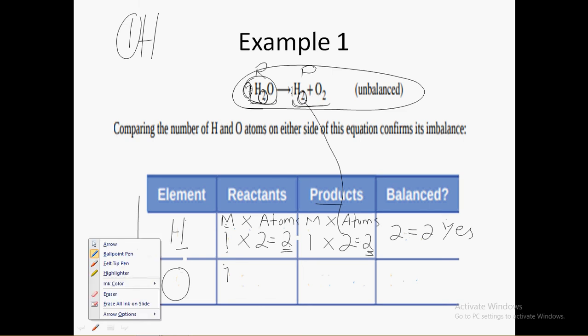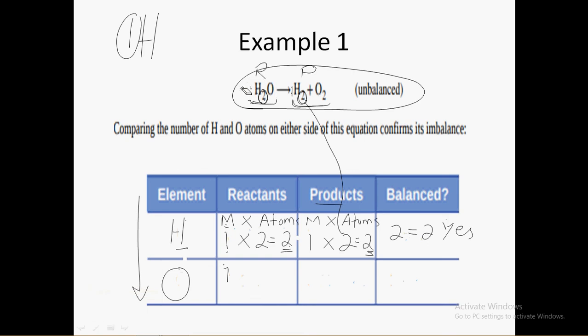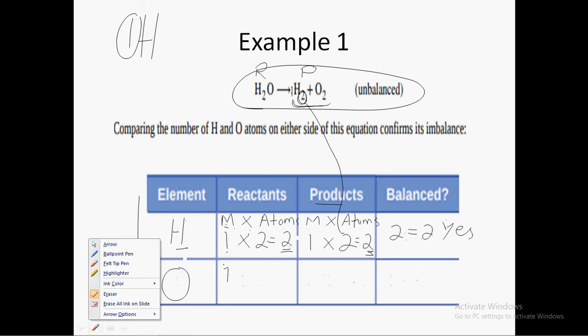Look now. How many? Look at the coefficient here. Number of molecules of water, the same.